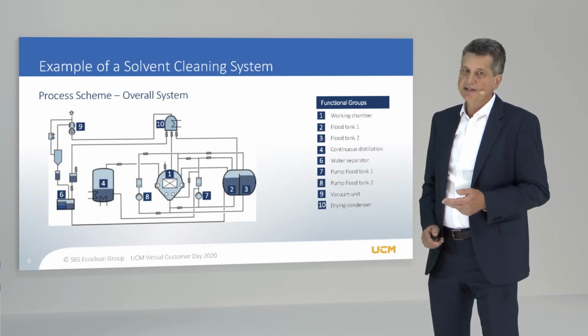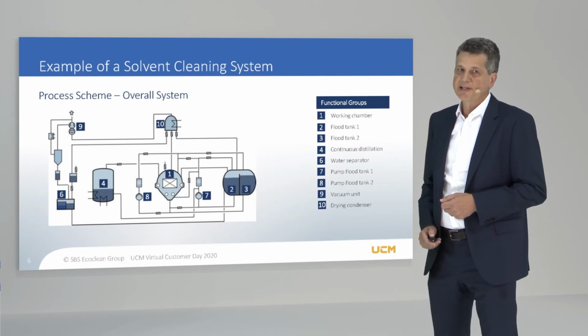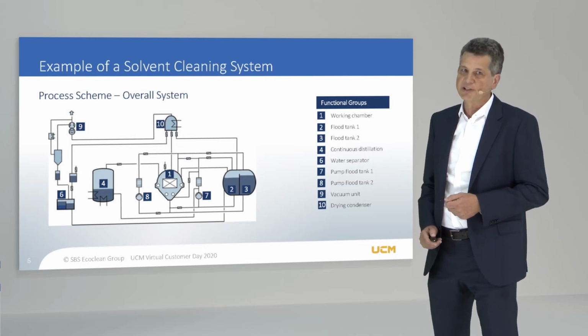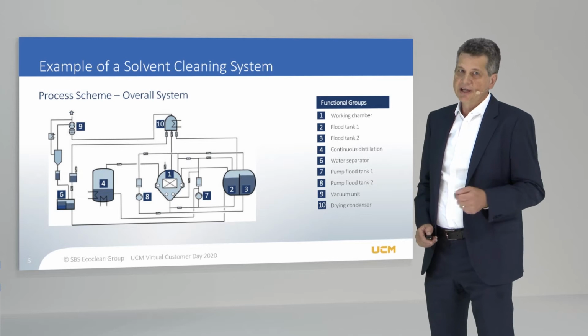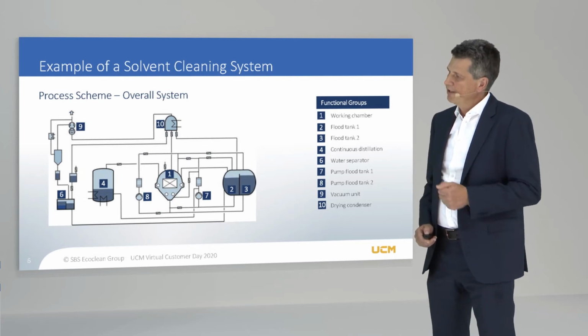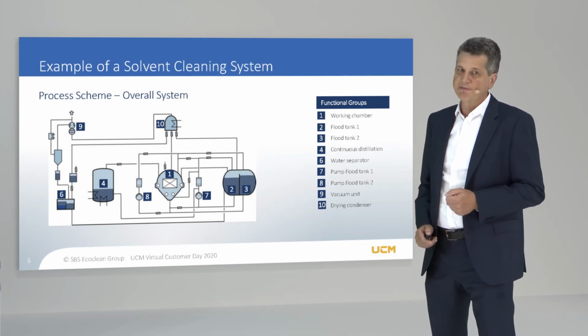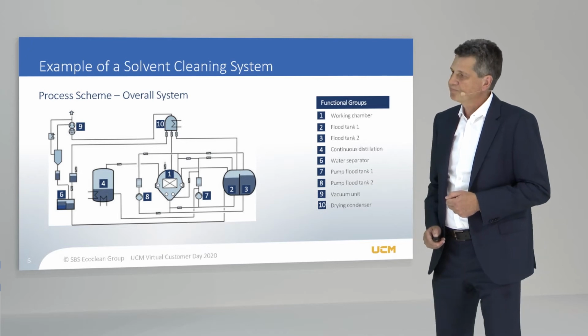And finally, the last cleaning process step is the degreasing done out of the distillation unit. There, the vapor is getting into the working chamber, and thus the final degreasing of the parts.